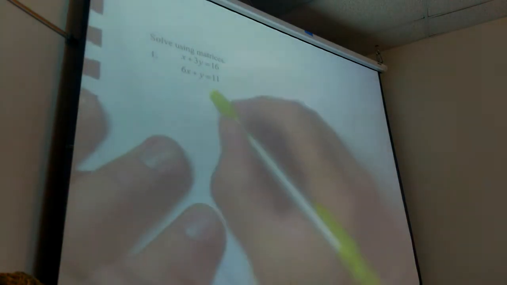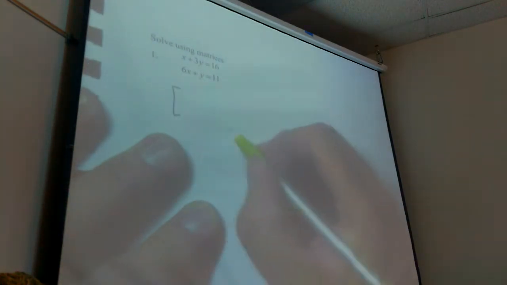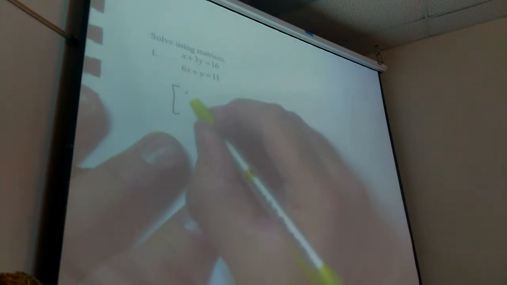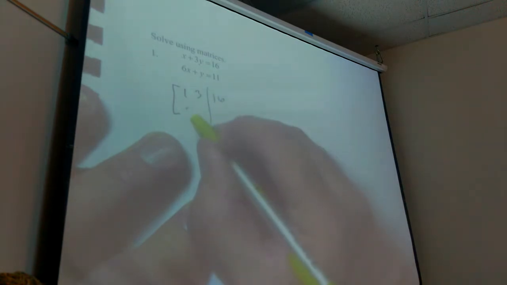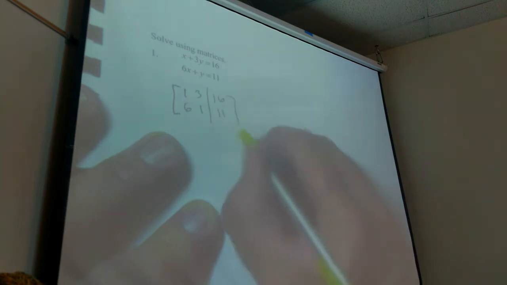All right. First off, write that as a matrix. Don't say it out loud. Just write it as a matrix. All right, what do you guys get? 1, 3, 16, 6, 1, 11.